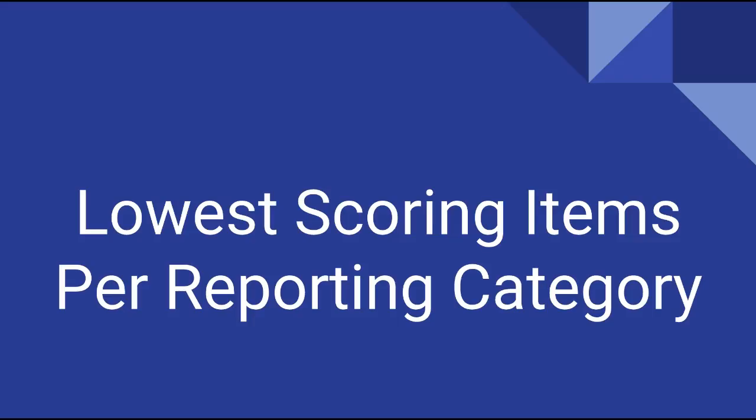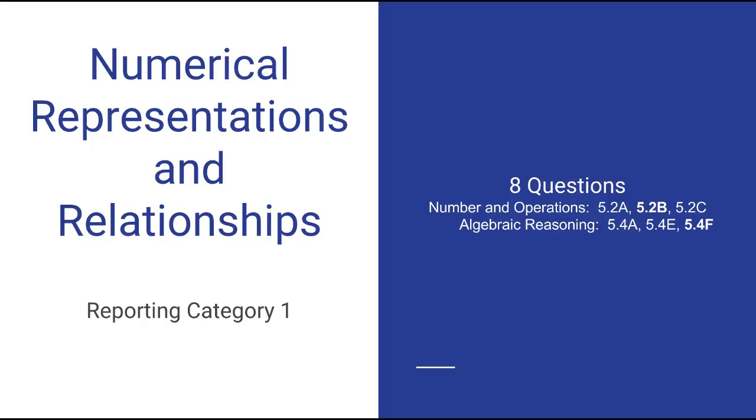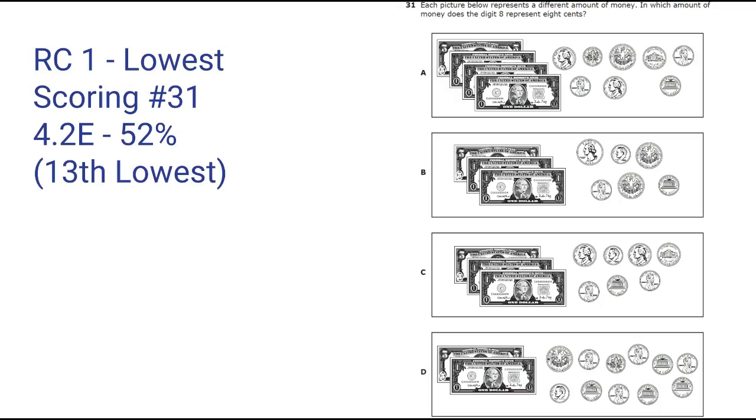Now we're going to do the same thing with the lowest scoring items per reporting category. Again, it will have the same structure on the items.